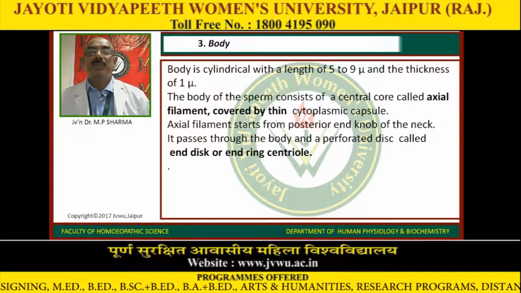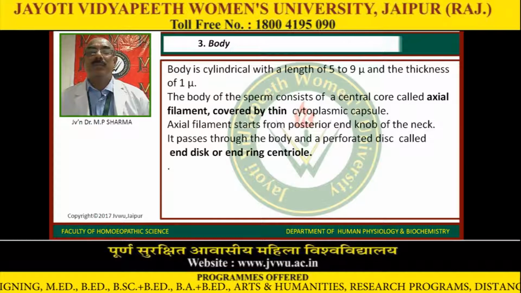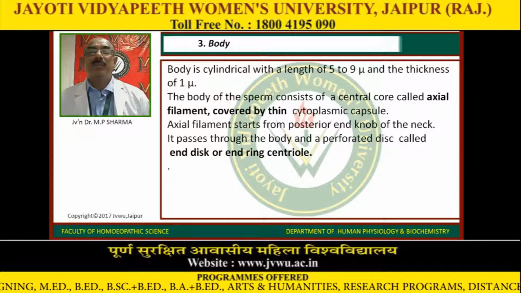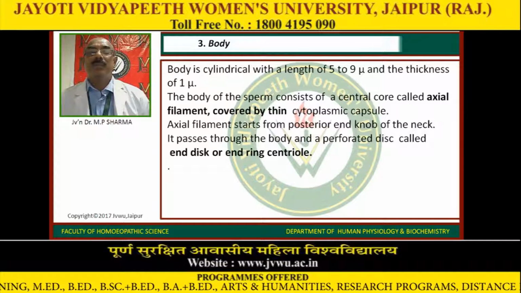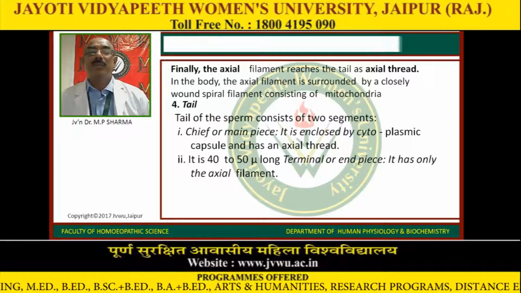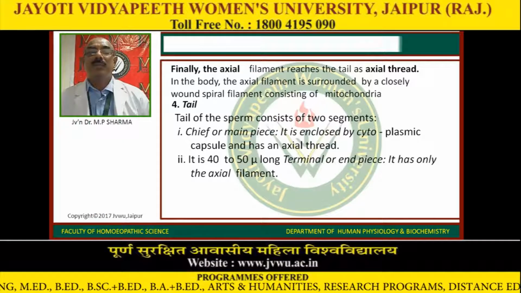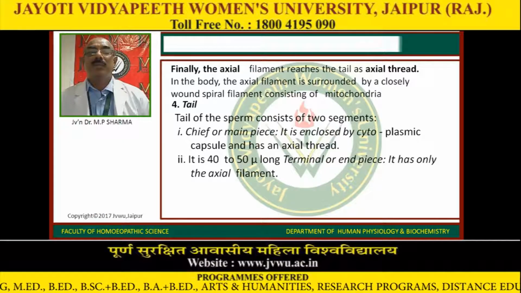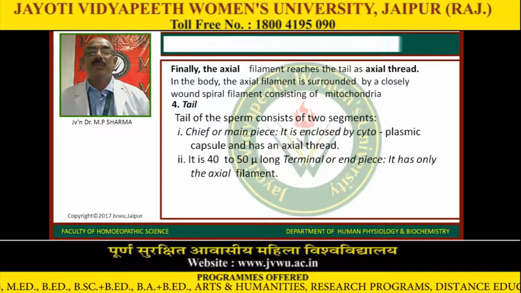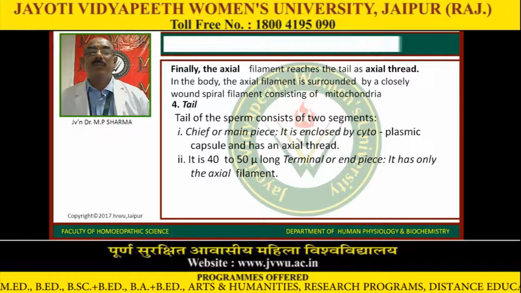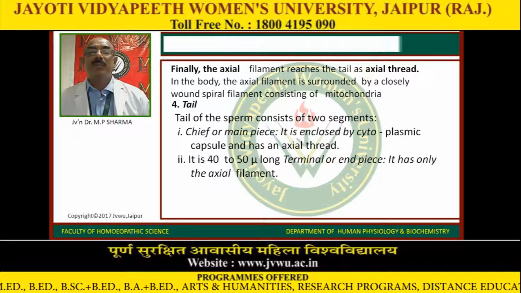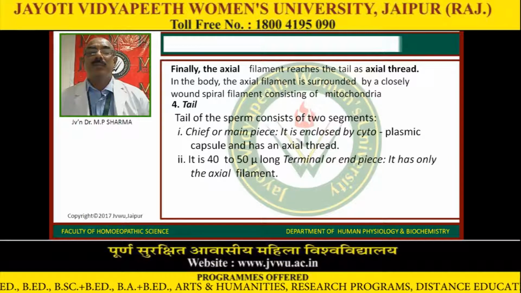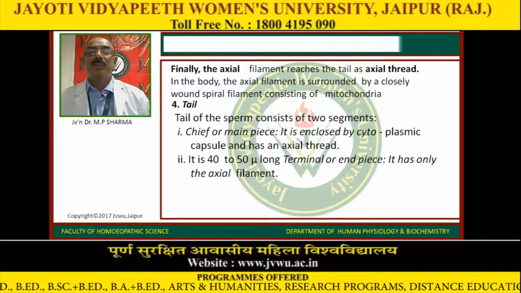It passes through the body and a perforated disc called the end disc or end ring centriole. Finally, the axial filament reaches the tail as the axial thread. In the body, the axial filament is surrounded by a closely wound spiral filament consisting of mitochondria.